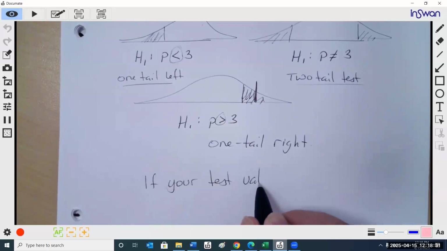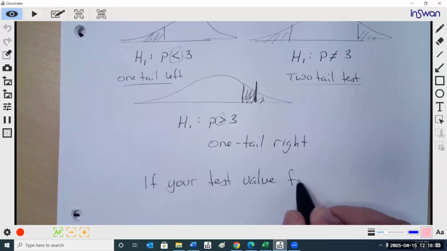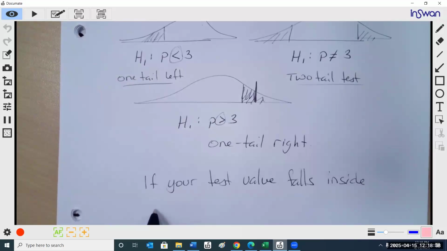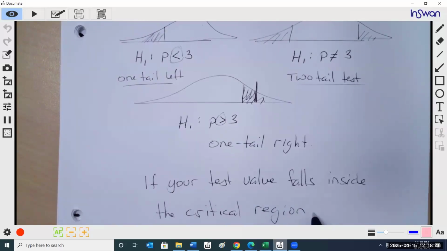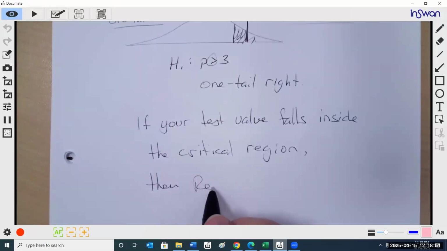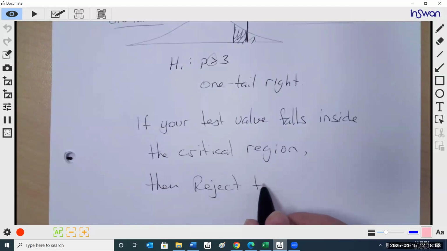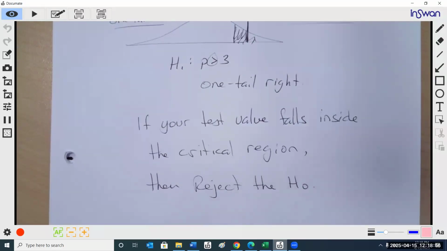If your test value falls inside the critical region, then reject the null hypothesis. Because you never state anything about the alternate hypothesis. It's always in reference to the null hypothesis.